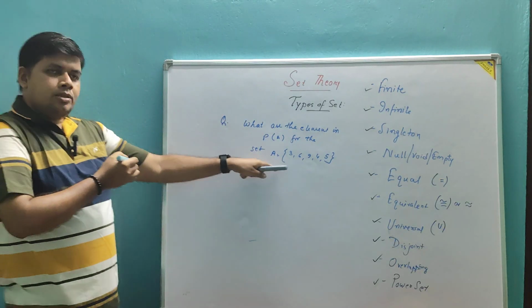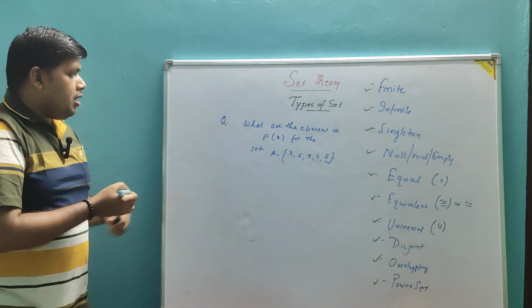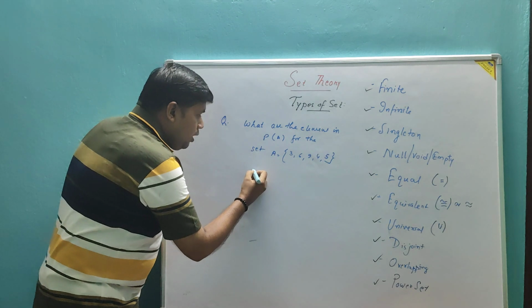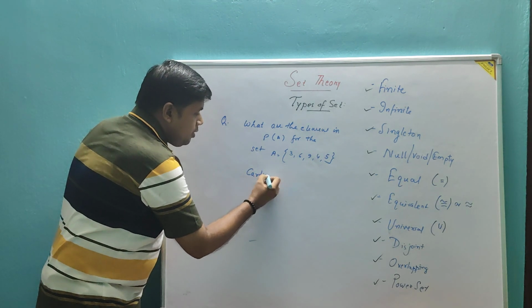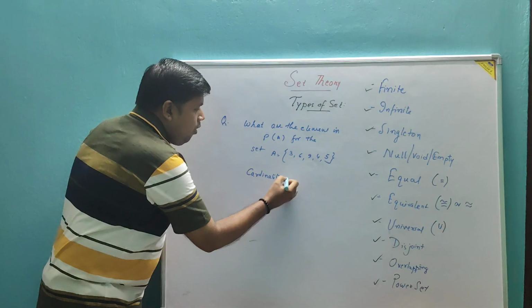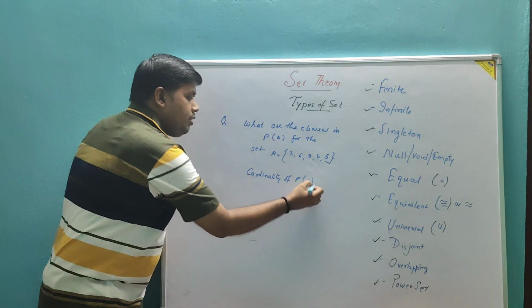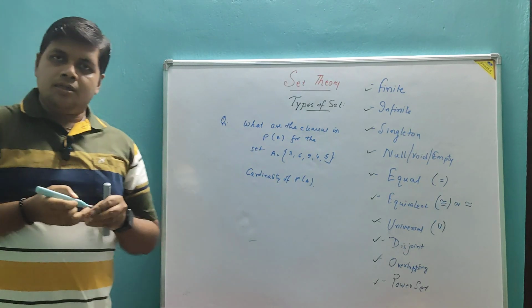A set A is given, so what will be the elements in its power set? Also, what will be the cardinality of P(A)? I hope the concepts are clear.